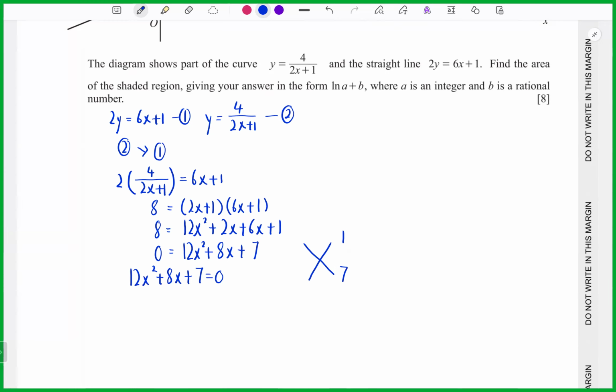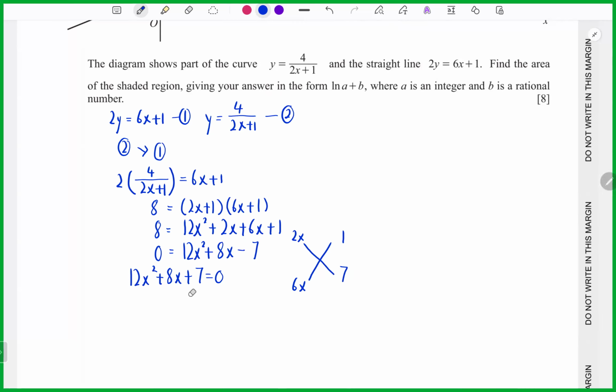Now I need to get the 8, right? So okay, I can write here 2x, 6x. Oh, actually it's negative 7.